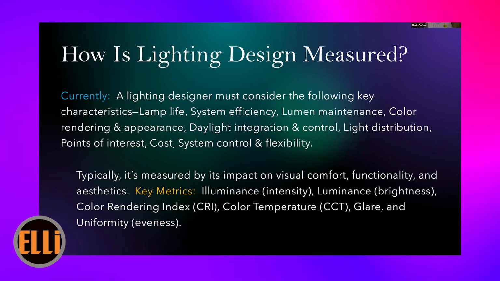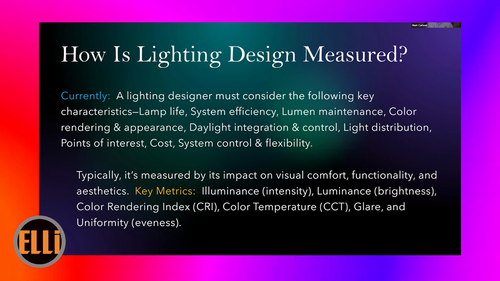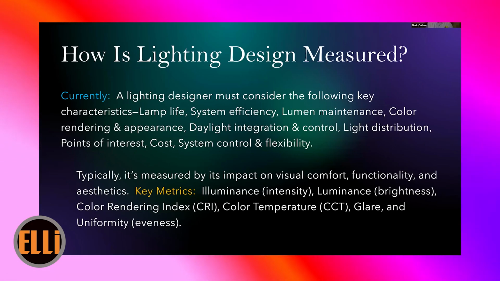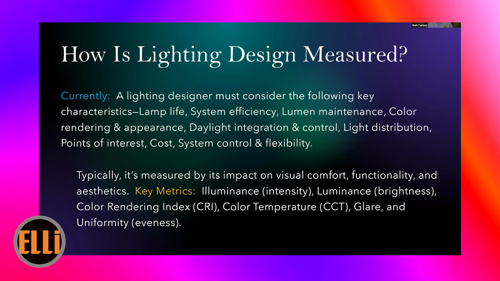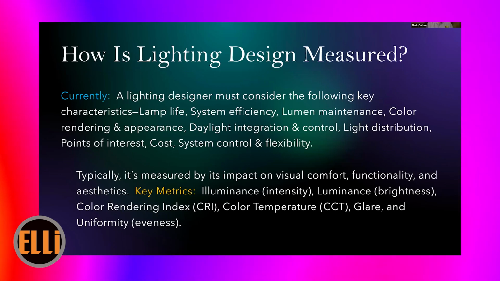It says, a lighting designer must consider the following key characteristics: lamp life, system efficiency, lumen maintenance, color rendering and appearance, daylight integration and control, light distribution, points of interest, cost, system control, and flexibility. A lot of words, and it doesn't consider the experience or the feeling that you have in the space. That's a problem. Typically, it's measured by its impact on visual comfort, functionality, and aesthetics.